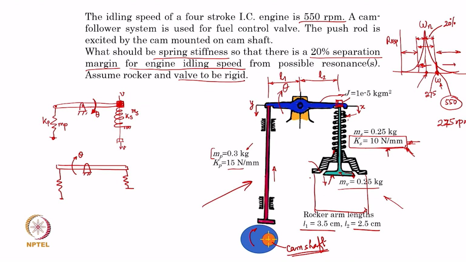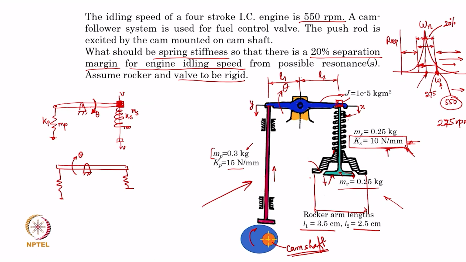This side is preferred for a simple reason: this is the lowest speed with which the engine will operate. Otherwise, as you raise your engine speed, the speed is going to increase from 550 rpm onwards. So, if you can ensure that it is on this side of the 275, it will be safe for all the other higher speeds of the engine crankshaft.